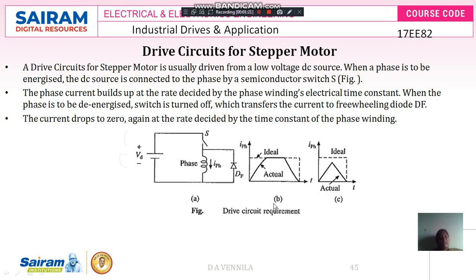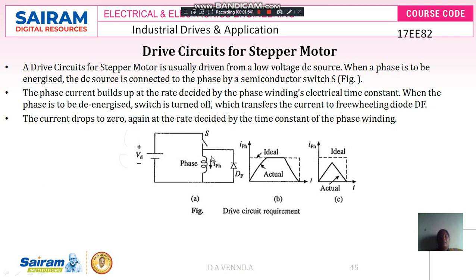When the phase is de-energized, that is, if the switch is turned off, the phase current will be transferred to the freewheeling diode. The current then drops to 0, again at a rate decided by the time constant of the phase windings.